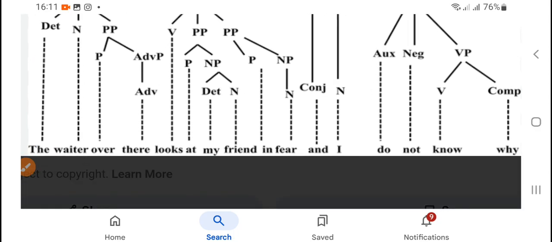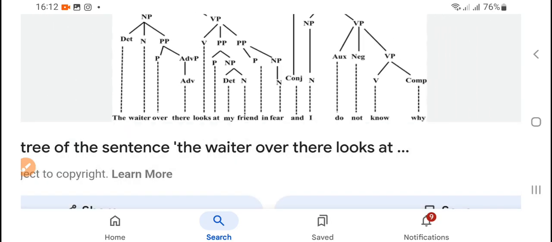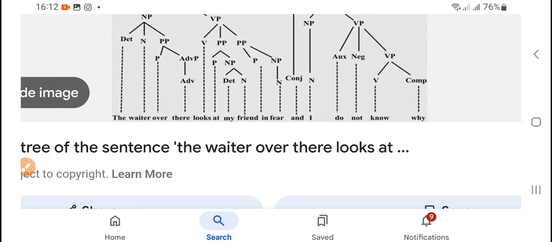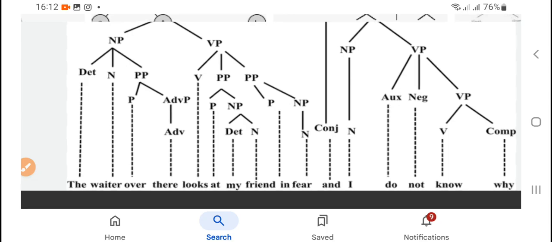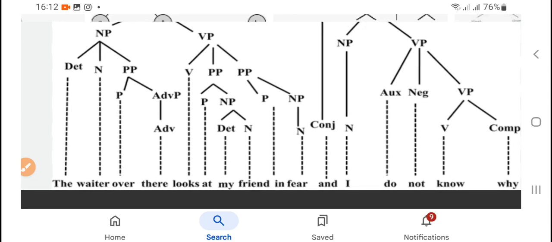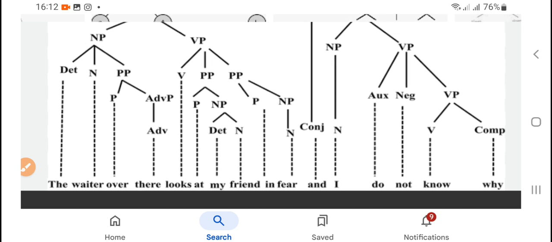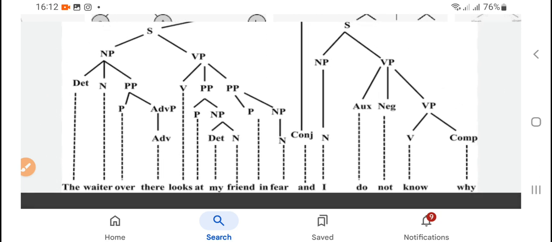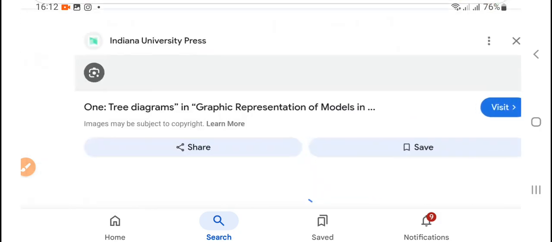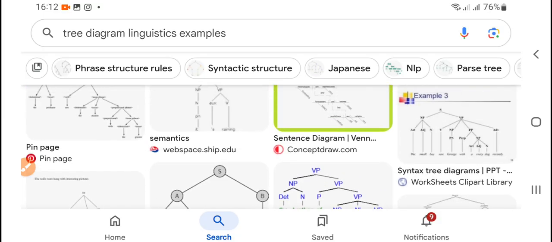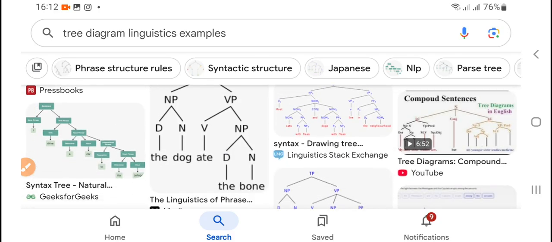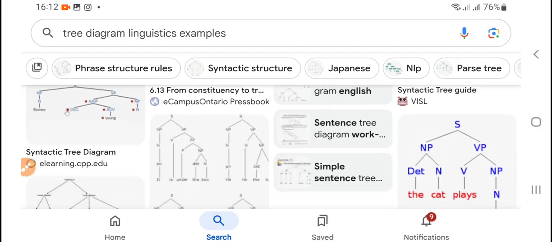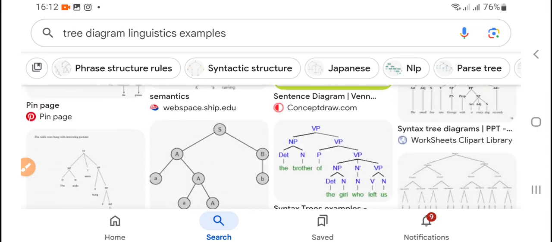Okay. Now, next, here is a very lengthy sentence but interesting. Let us see what this is. Yeah, the sentence is this: the waiter over there looks at my friend in fear and I do not know why. Wait, where has it gone?